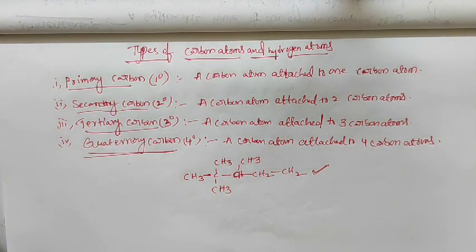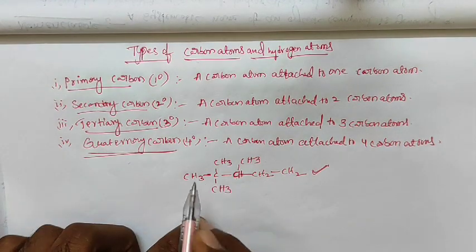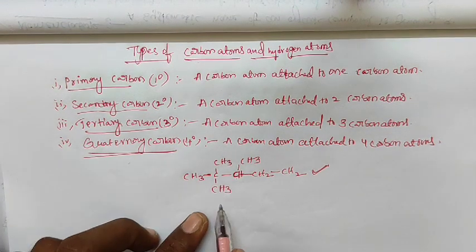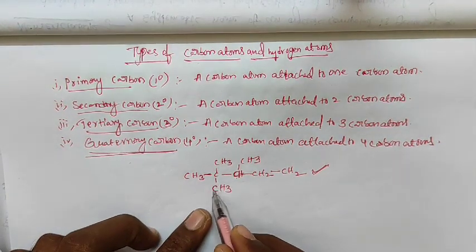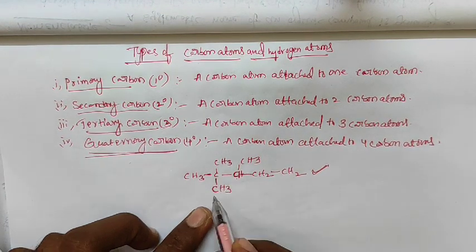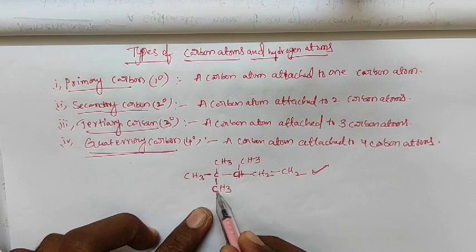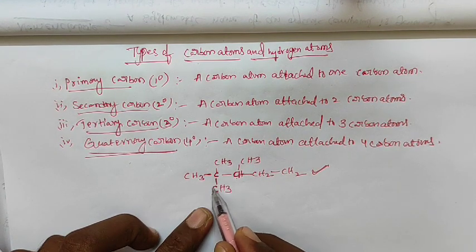So for that I am explaining this concept, types of carbon atoms and hydrogen atoms in a molecule. In this molecule, this carbon atom has only one carbon attached to it.